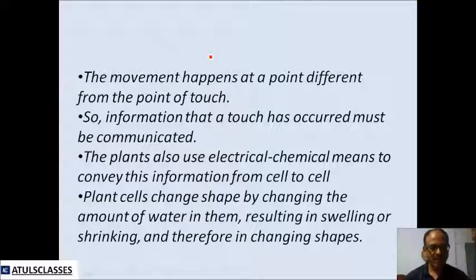And the plants change shape by changing the amounts of water in them, resulting in swelling or shrinking and therefore in changing shapes. The shape change is only because of the change in the amount of water in them, and the amount of water in them results either in swelling or in shrinking.